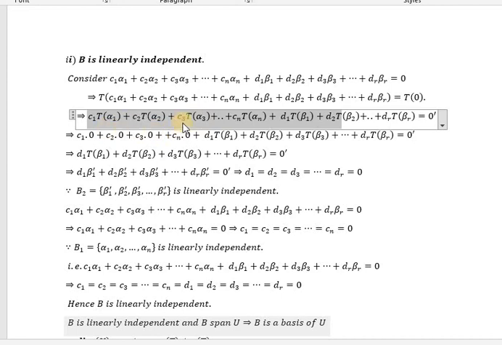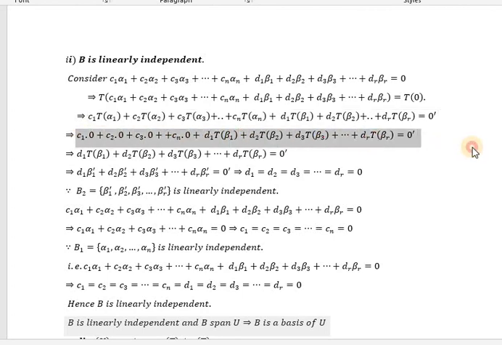Now since alpha 1, alpha 2, alpha 3 are the vectors of N of T, their images are equal to 0. Hence T of alpha 1 is 0, T of alpha 2 is 0, so on T of alpha n is equal to 0. Hence this equation becomes c1 into 0 plus c2 into 0 plus c3 into 0 so on cn into 0 plus d1 T beta 1 plus d2 T beta 2 so on dr T beta r is equal to 0 dash.